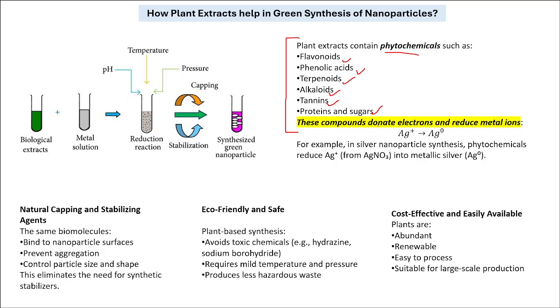These phytochemicals present in plant extracts donate electrons and reduce metal ions, means it functions as a reducing agent. For example, in silver nanoparticle synthesis, phytochemicals reduce Ag+ into metallic silver. So these are the compounds that contribute as a reducing agent.